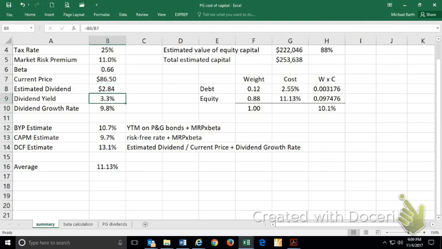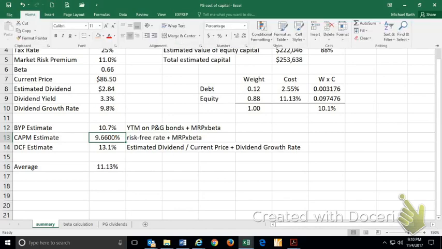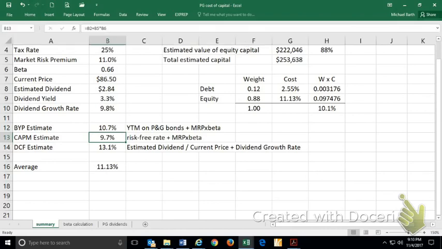That's the dividend yield. And then add to that the long-term growth rate. So it's simply dividend yield plus long-term growth rate. And that's the highest one. That's actually fairly common; it ends up being the highest one. There are some technical reasons for it.